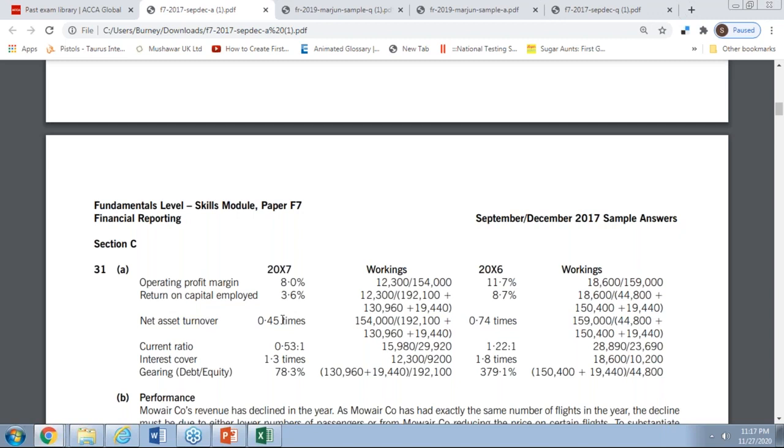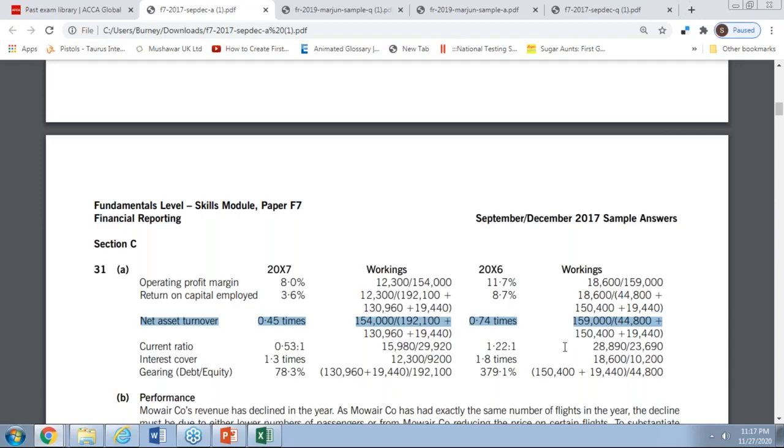The question is why it increased, because you can see here that the revenue of the company has gone down. The revenue of the business has decreased by 5,000 rupees. So why has this asset turnover increased? Why is it slightly increased? Because the revenue is going down.